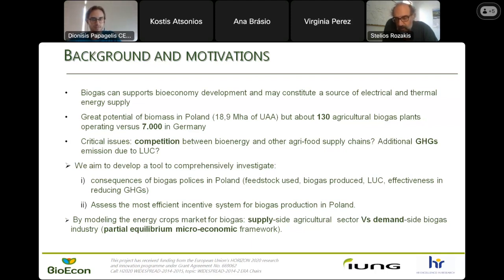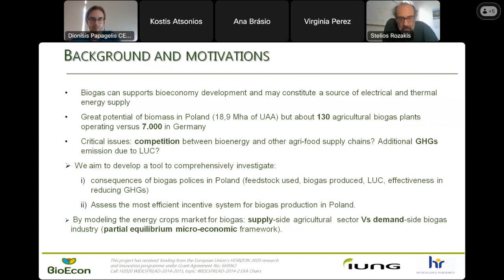The situation has improved a little in the last couple of years, but there is still a huge gap. In Germany, we have about 7,000 or more plants producing biogas, whereas in Poland it is in the order of 100 or 150.